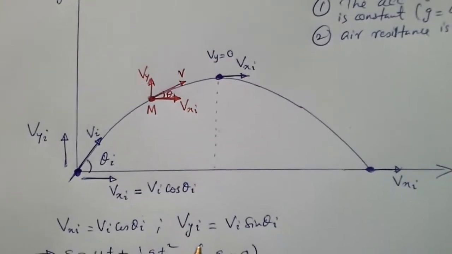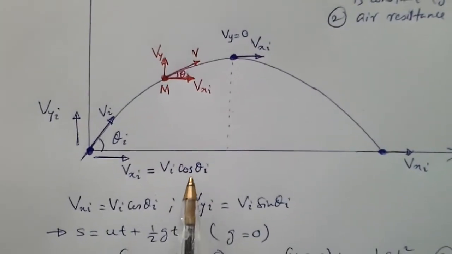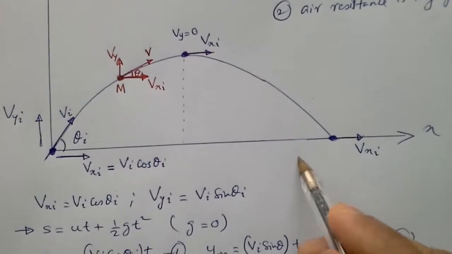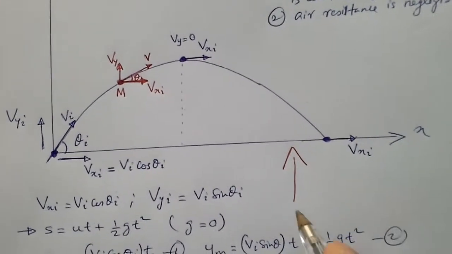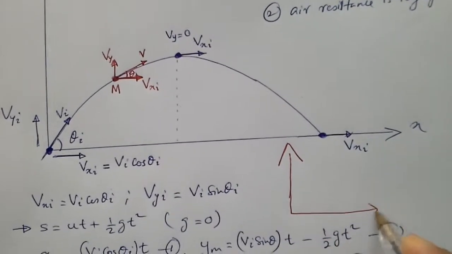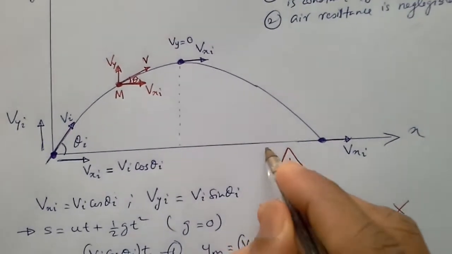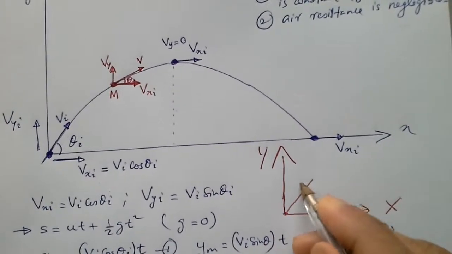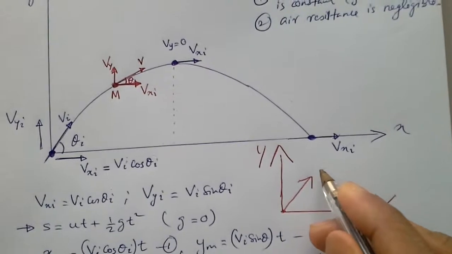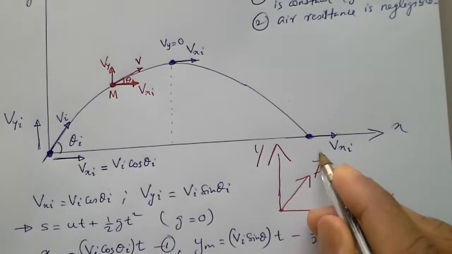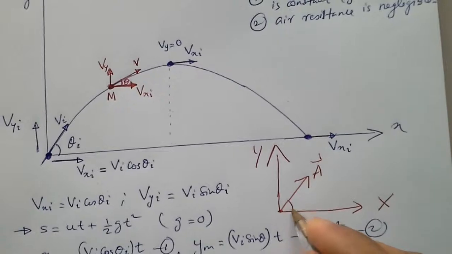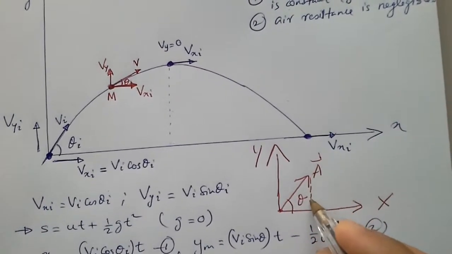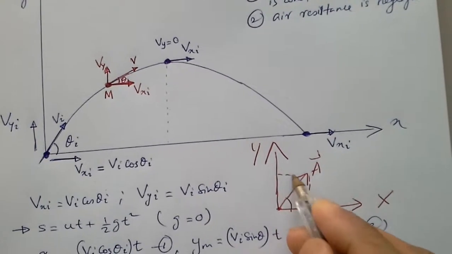It's not really complicated if you know a bit about vectors. For example, let's say this is our x-axis and y-axis, and if you have a vector A, and this angle is theta, we can divide this vector into two perpendicular components.